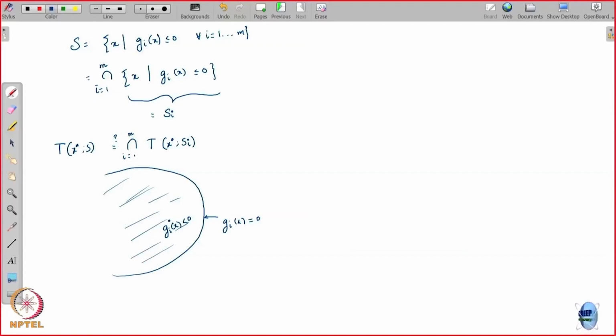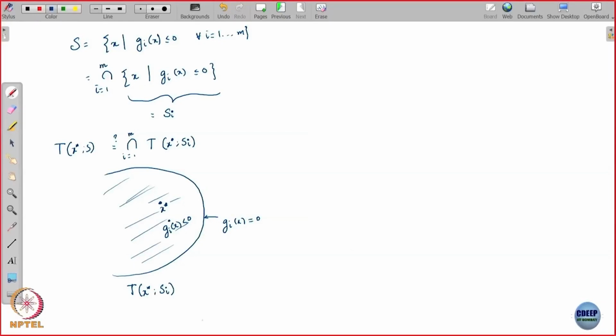If you have a point x star that lies in the interior of this, for such a point g_i(x star) must be strictly less than 0. So, for this sort of point, what would be the tangent cone with respect to S_i?